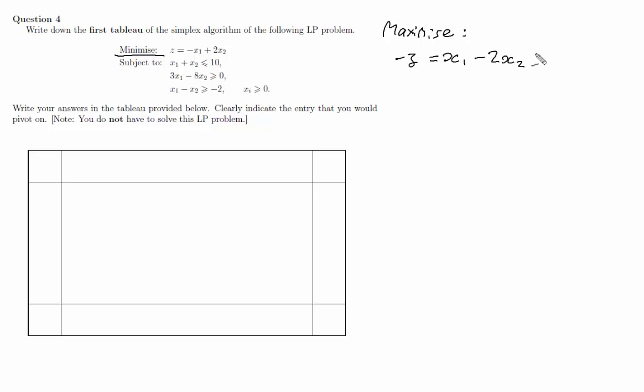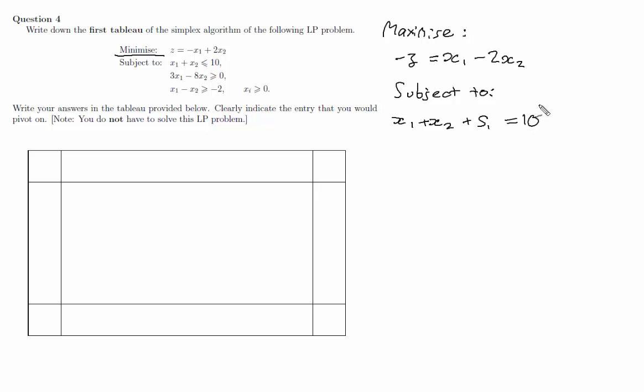And then we're going to rewrite our constraints with some slack variables. So subject to, now we're given some inequalities, we want to turn those into equalities. So the first one, we have x1 plus x2 plus s1, so our first slack variable, is equal to 10.